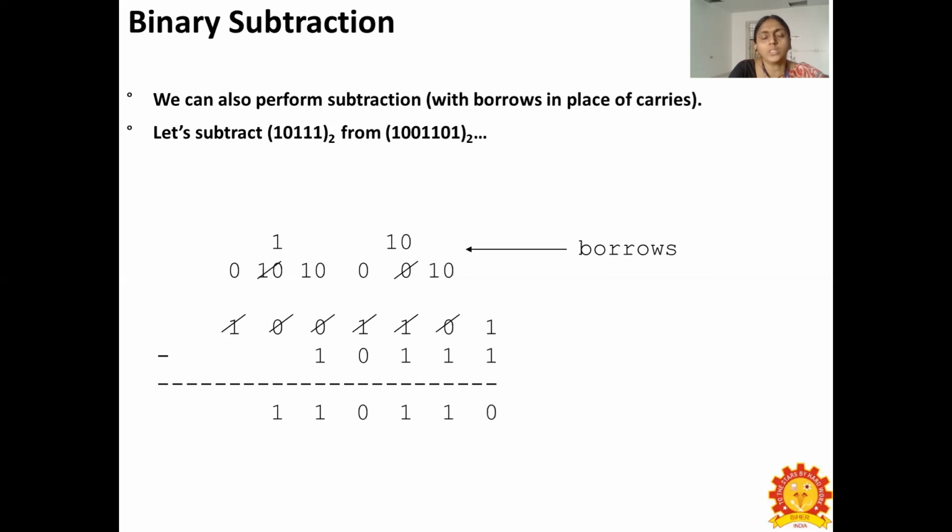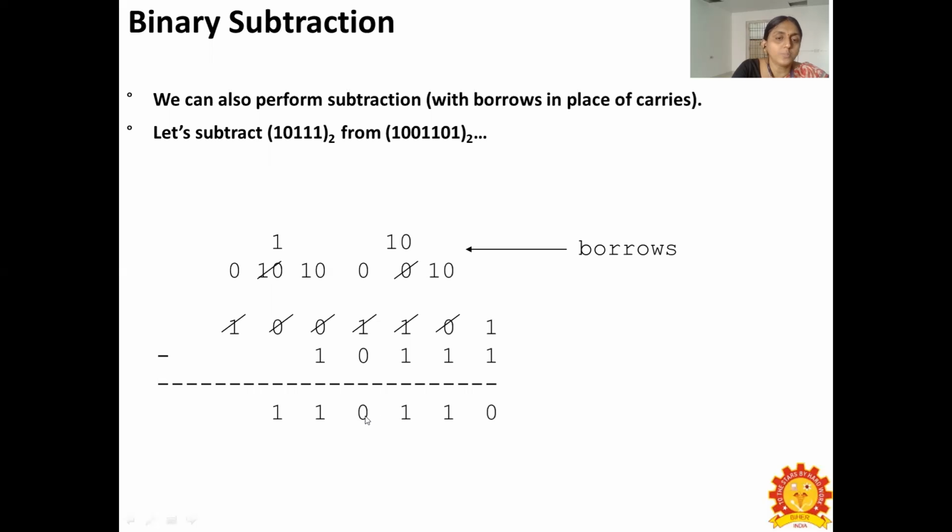And binary subtraction, we can also perform subtraction with borrows in place of carries. Let's subtract 10111 from 1001101. Here we are going to borrow if the numerator bit is 0. So 1 minus 1 will be 0 in the least significant bit. When you subtract 1 from 0, we get 1 and we borrow 1. Since we have borrowed, the third position result will be 1.